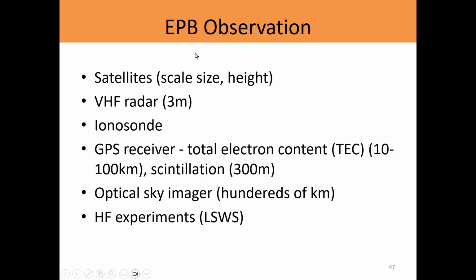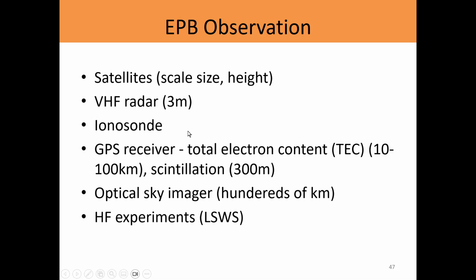Okay, so the different types of observation of the equatorial plasma bubble. For example, if you look at the satellite, that depends on what sensor they use. If you use V-shaped radar, it can go very small, like in meter scale.